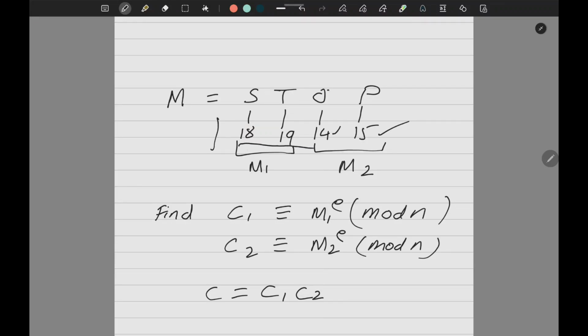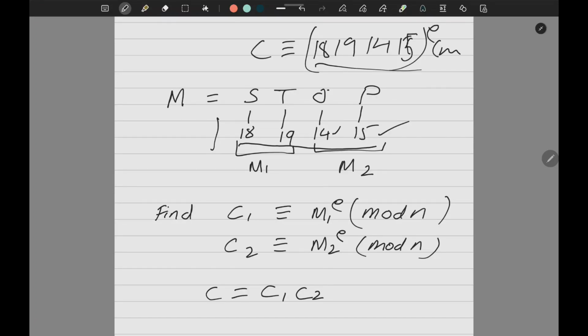Now this much big number, if you want to deal with it, it will be very lengthy because M is given, you have to find out C. So if I start with this, I am asking you to find C congruent 18191415 to the power E mod N. It will be huge for me.